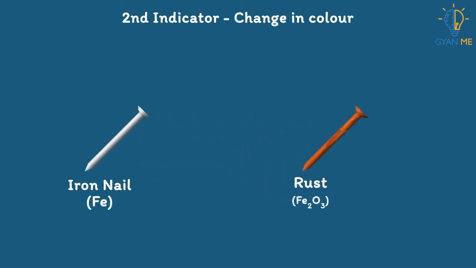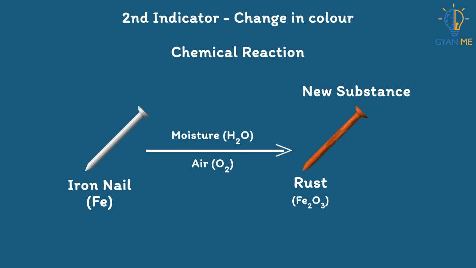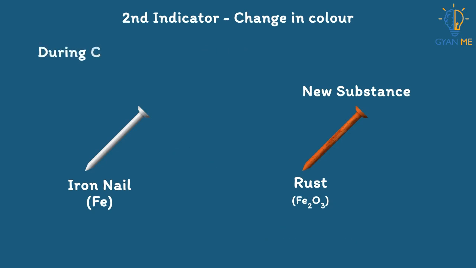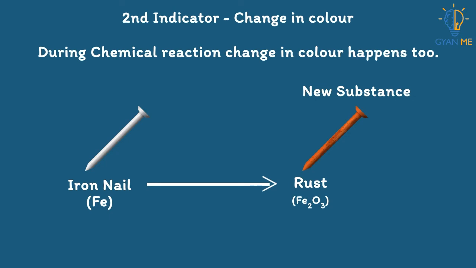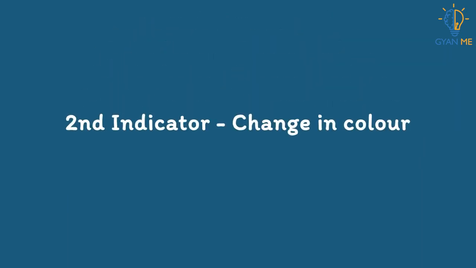This shows that here chemical reaction is taking place, as the new substance rust so formed has completely different properties than iron. Thus we can say during chemical reaction change in color also happens. So we have two indicators now. Let us find out some more indicators.